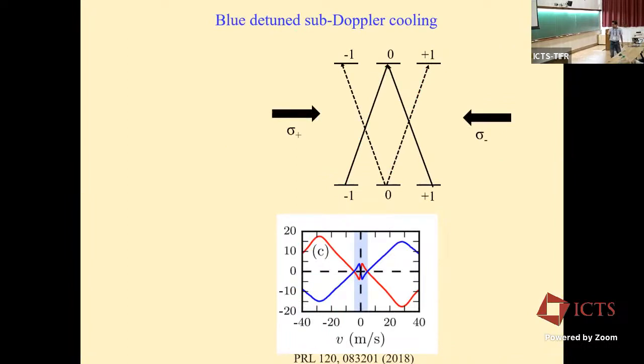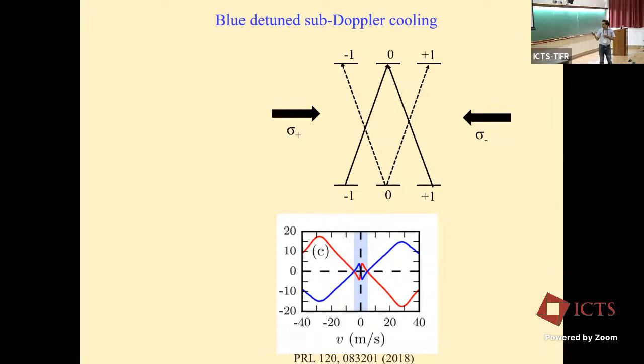However, recently this group, from the Tarbut group, has said that sub-Doppler cooling works very well in a MOT itself. Previously it was said that it will not work, but they claim that it works at type 2 transition.